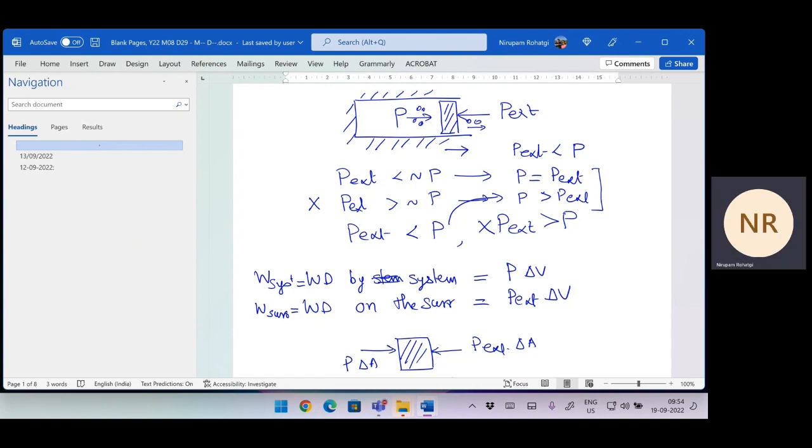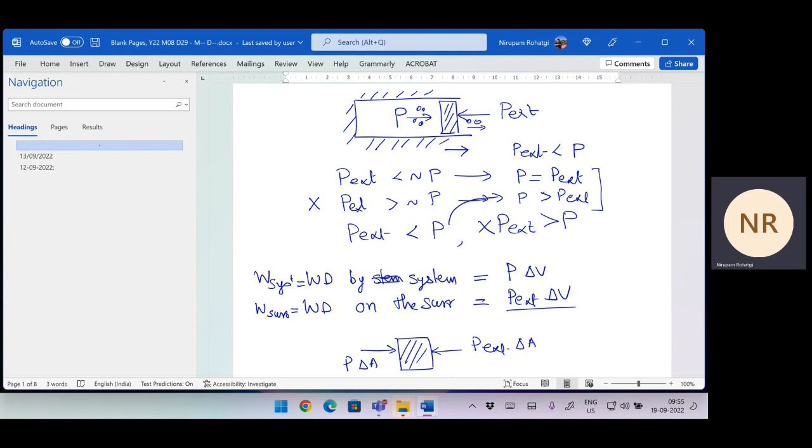So when you talk about the work done by the system on the surrounding, it is P external delta V. And you have to take into account what is the balance. If the balance remains in the system, that kinetic energy will slowly get dissipated in the form of heat.